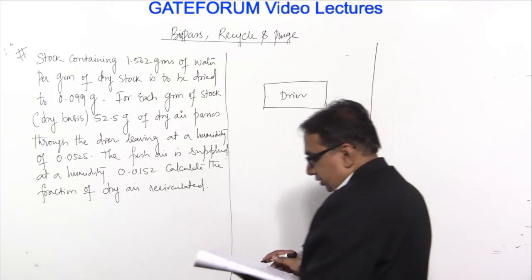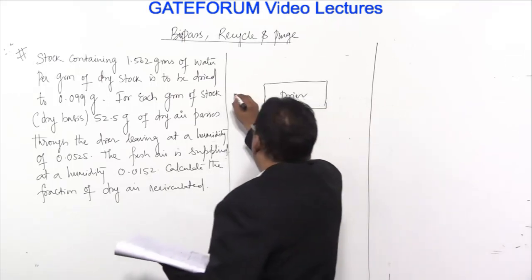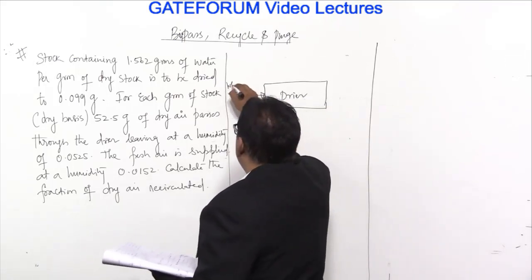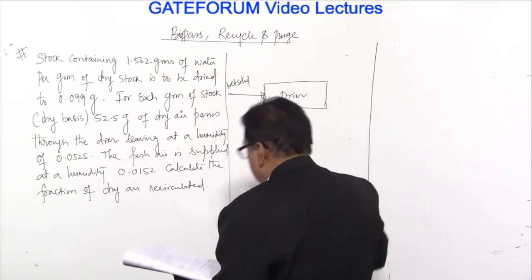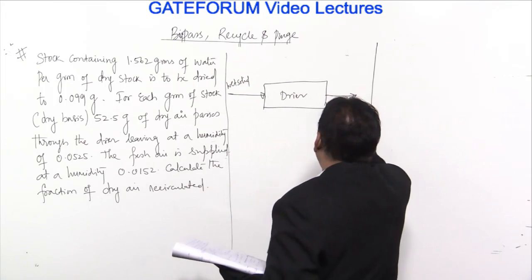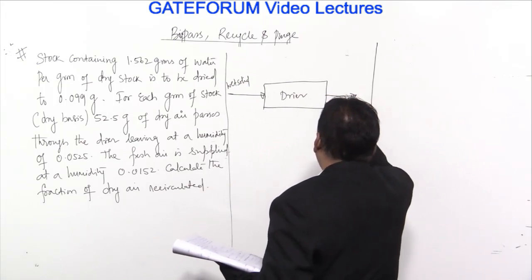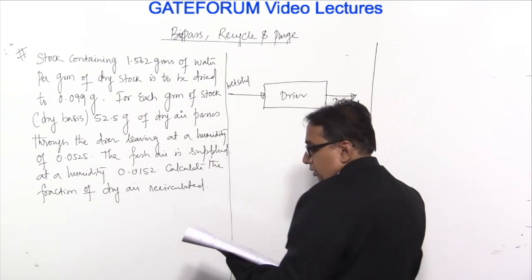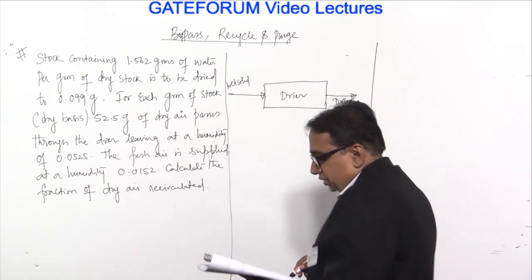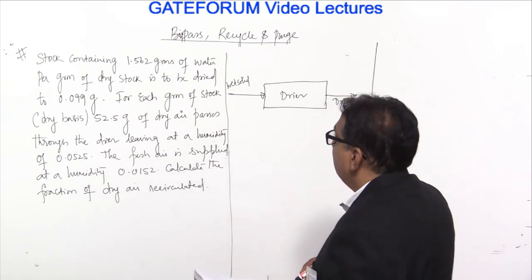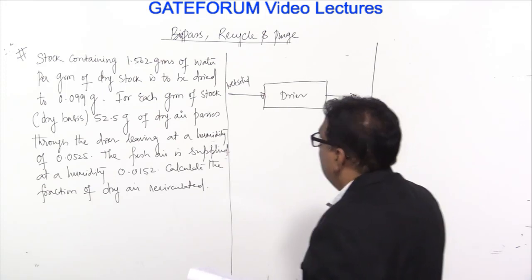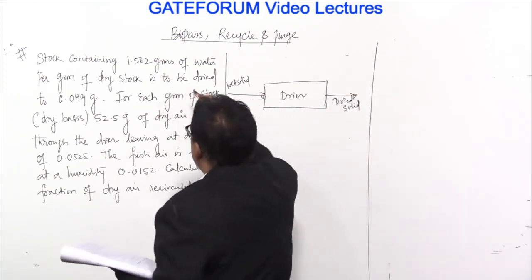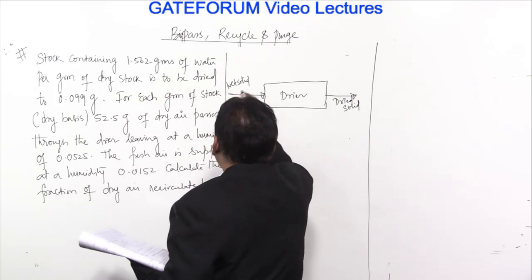Here the dry air is introduced and we get the dry solid here. About the wet solid: stock containing 1.562 grams of water per gram of dry stock.